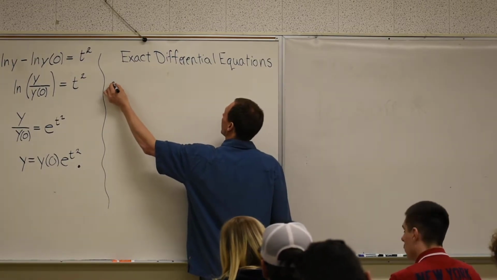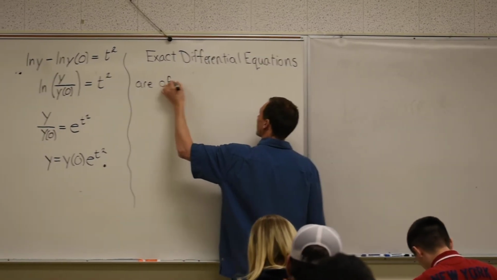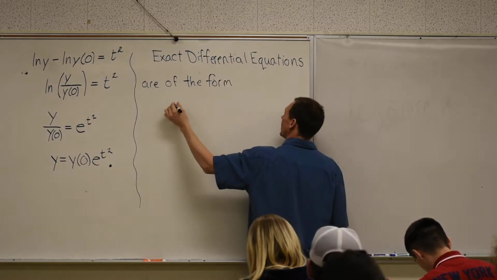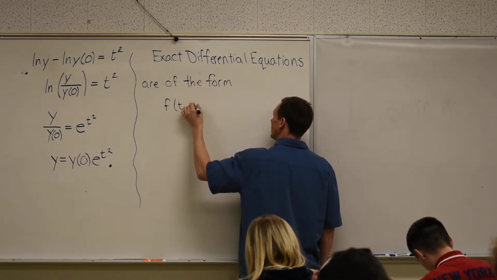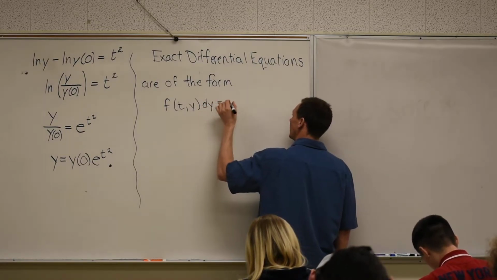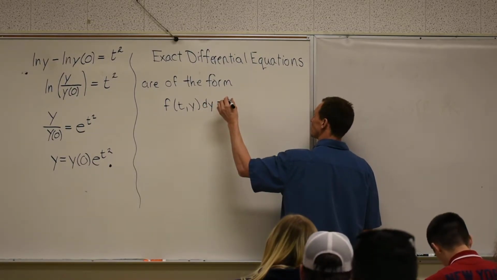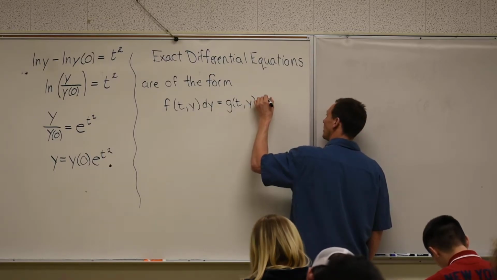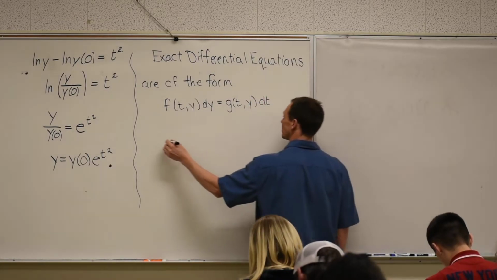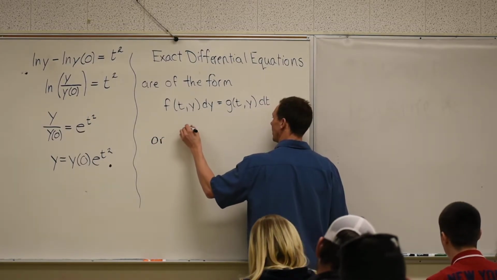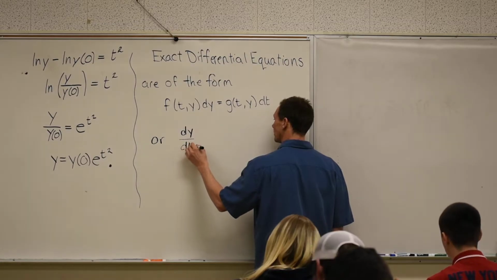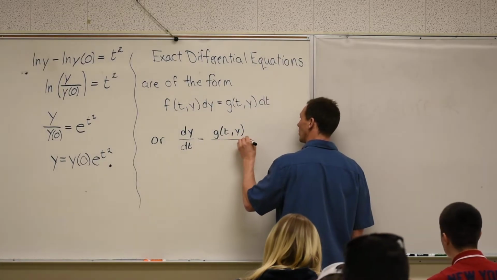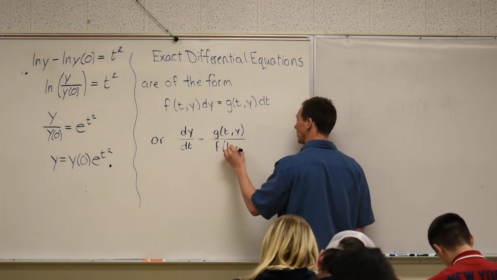Exact differential equations are of the form f of y equals g of t, y, or dy/dt is equal to g of t comma y over f of t comma y.